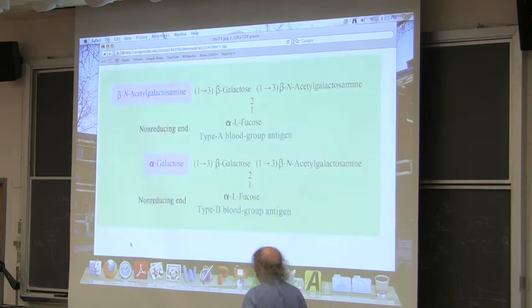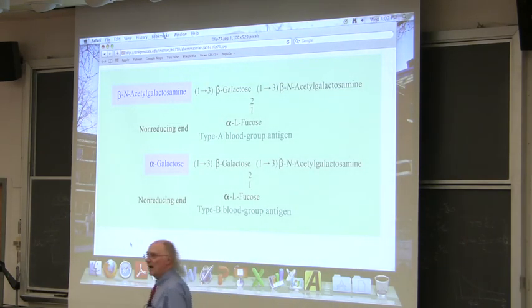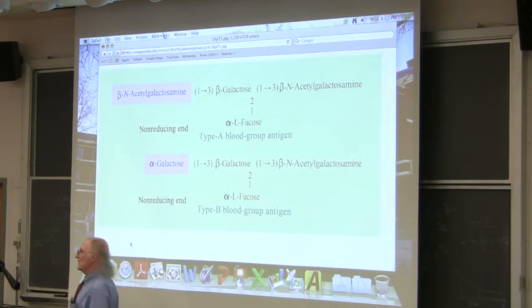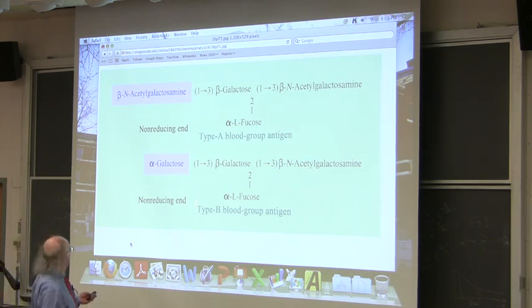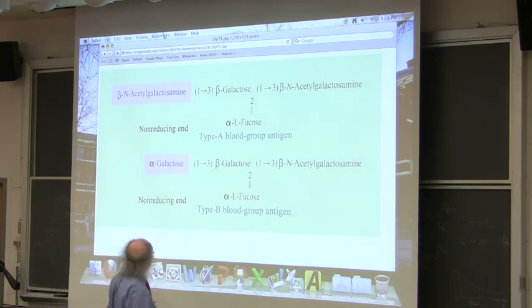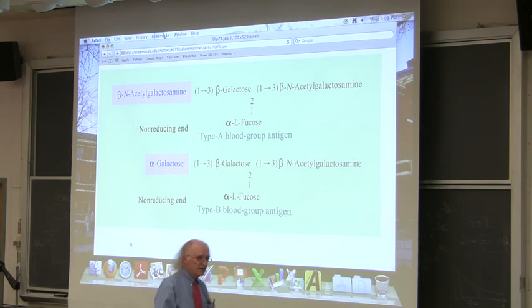Okay, the last thing I mentioned, I've mentioned these before, these are the blood groups. So blood cells have on their surface what are called antigens, and those antigens differ in their configuration. Now, I'm not asking you to memorize which one is which or any of this, but it shows some of the different displays that can be on there.